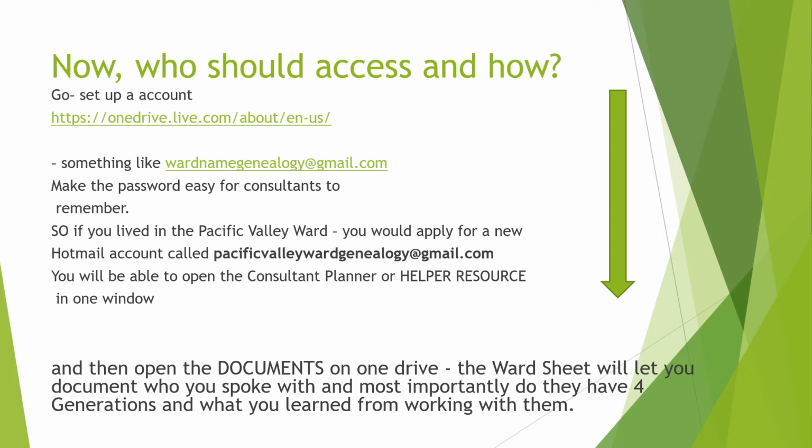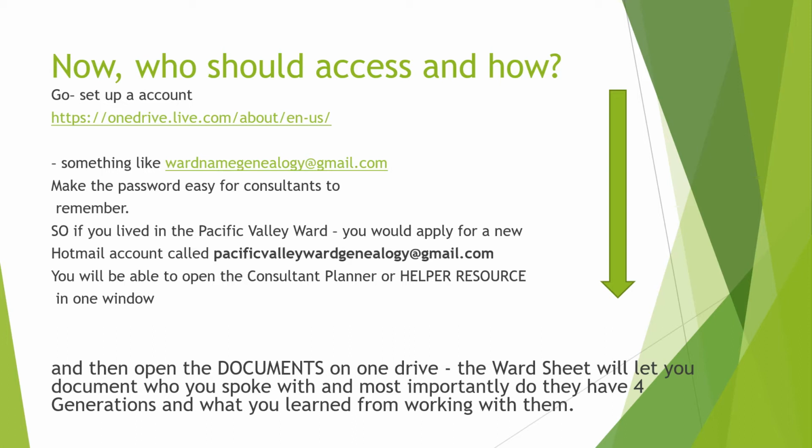Now, who should have access and how? So after you set up your account, you'll be able to open the consultant planner and helper resource in one window. And then you can open the documents on OneDrive. The word sheet will let you document who you spoke with, and most importantly, do they have their 4 generations?